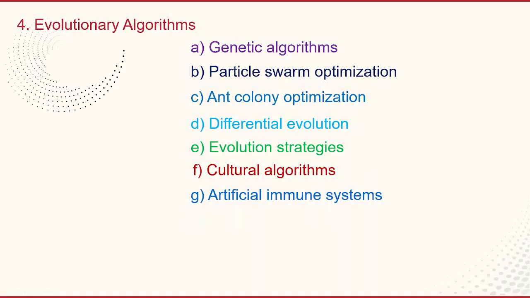Next, artificial immune systems. This algorithm models the behavior of the immune system and uses antibody and antigen mechanisms to search for and recognize optimal solutions. It is often used for solving optimization problems in data mining and pattern recognition.